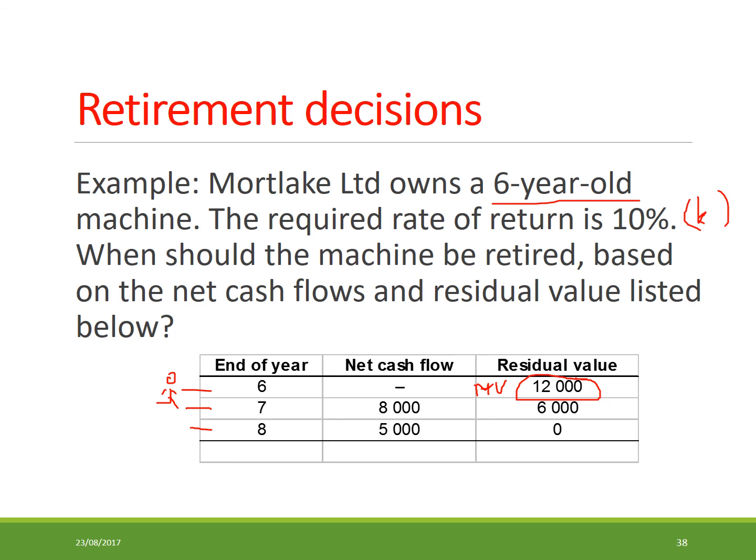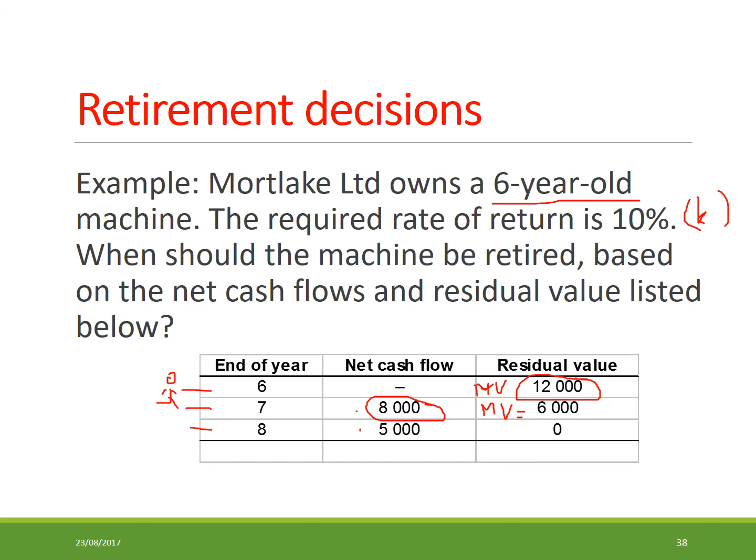We could also run the machine for 1 more year. We get $8,000 next year, and then when we sell the machine, we get $6,000. Or we could run the machine for 2 more years.